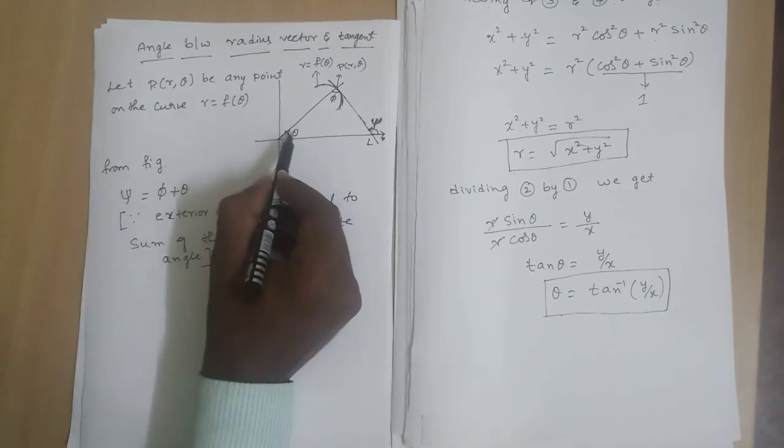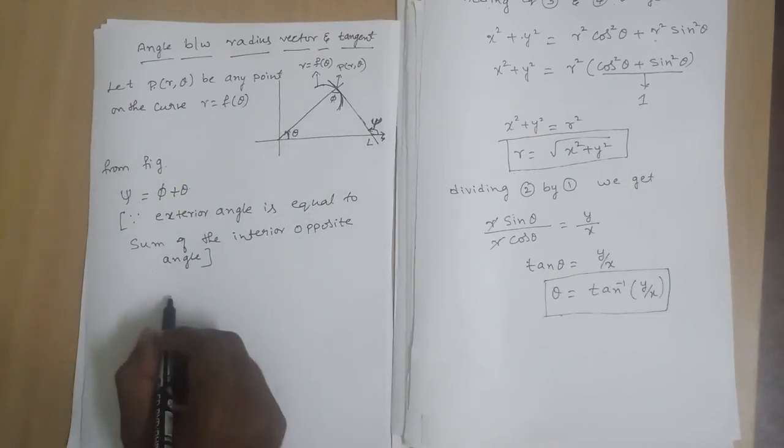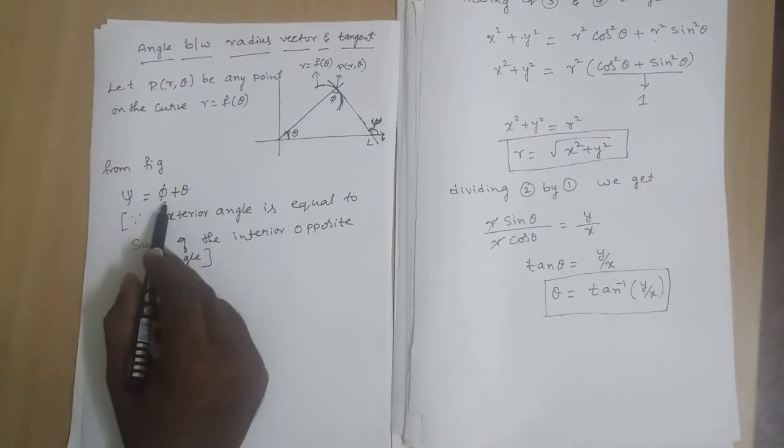So what are the two angles? Theta and phi. So psi is equal to phi plus theta. You can write that from the figure.